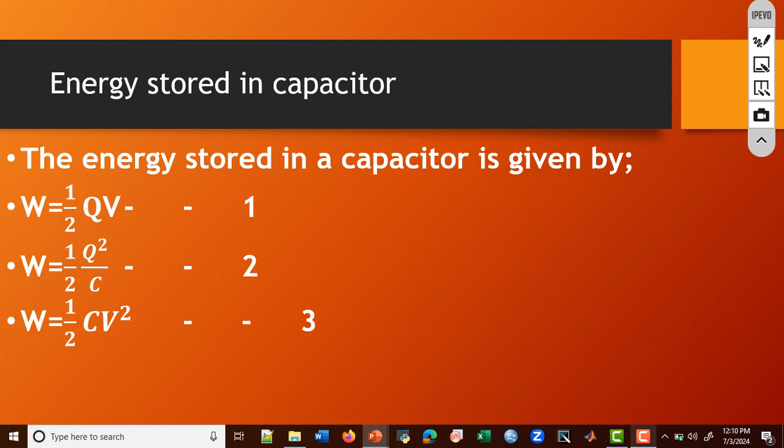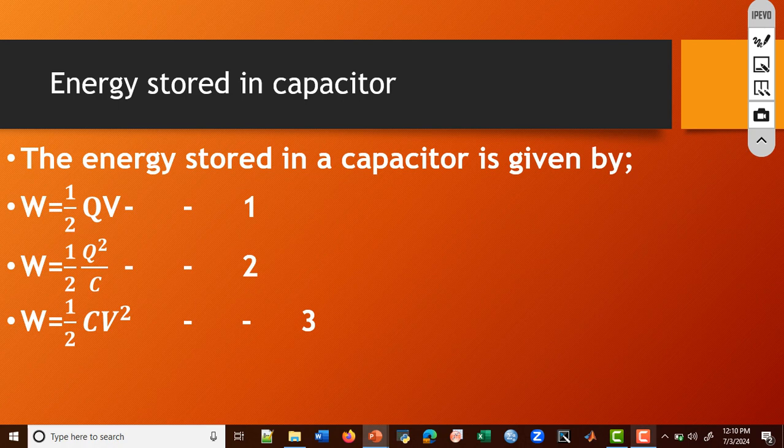But in this lesson we are not looking at how they were derived, but we want to apply them in solving some mathematical problems. So these are energy stored in a capacitor. I would like my viewers to memorize these expressions perfectly: a half QV, a half Q squared over C, a half CV squared.